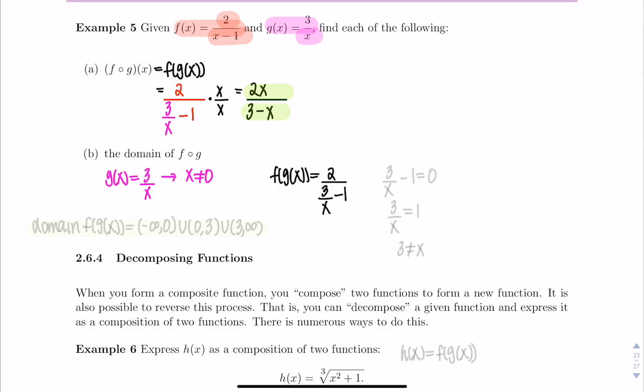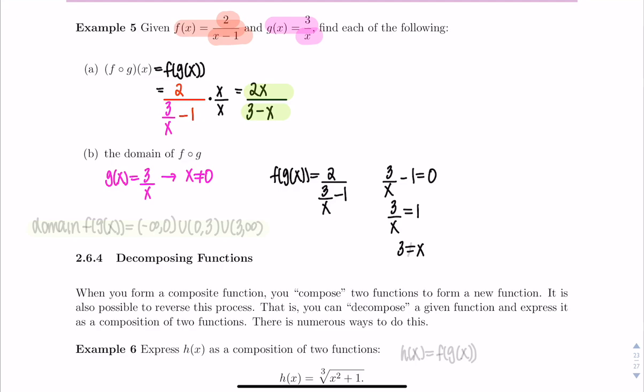And so the only thing that's going to cause an issue is the denominator. So we have 3 over x minus 1 equals 0. So let's just add 1 to both sides. Then we get 3 over x equals 1, or we get that 3 is equal to x.